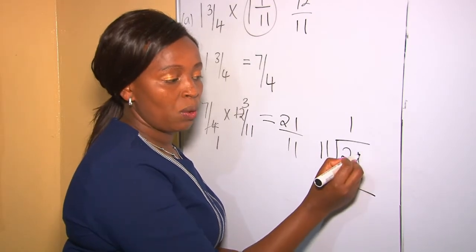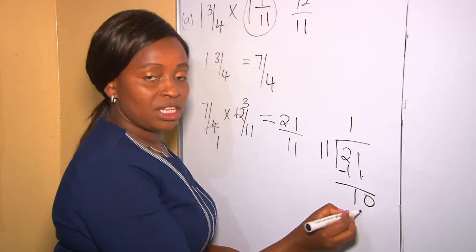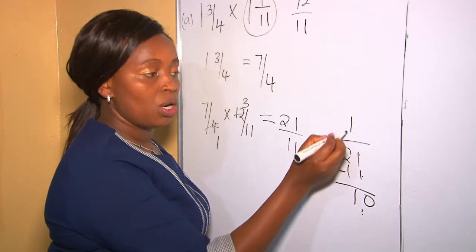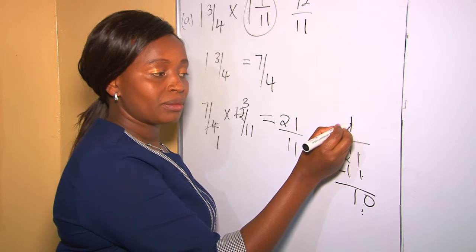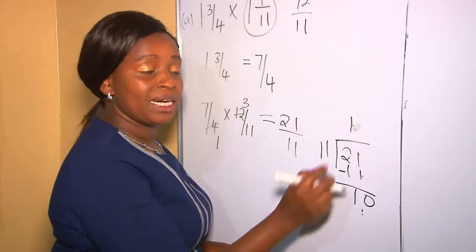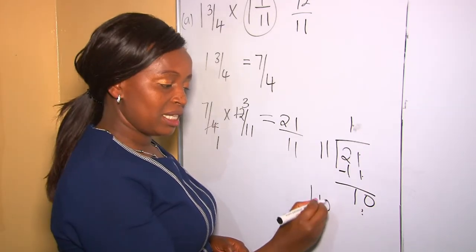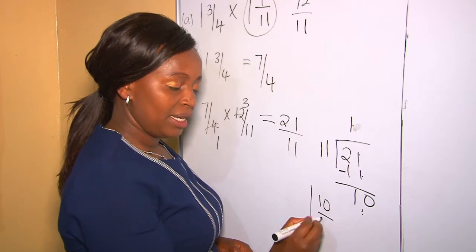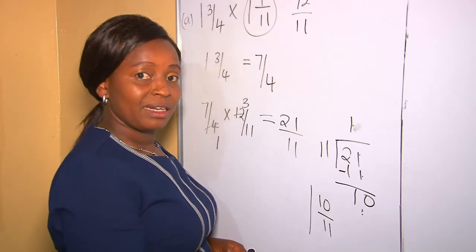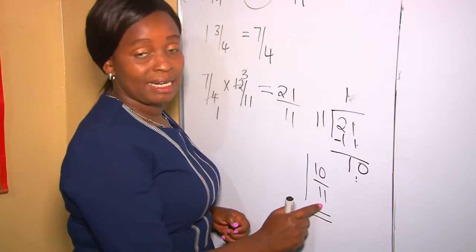When we take away 11 from 21, it's 10. This is our remainder. So our quotient becomes the whole number, and our remainder takes the part of the fraction over the divisor. Therefore, our answer is 1 whole and 10 over 11.